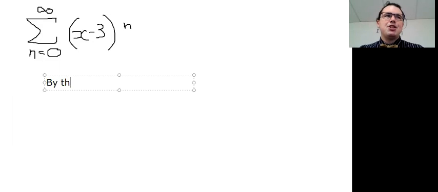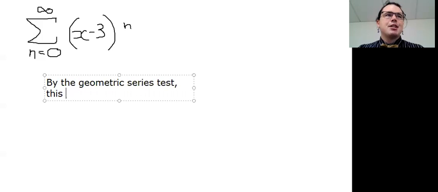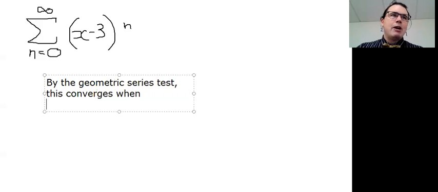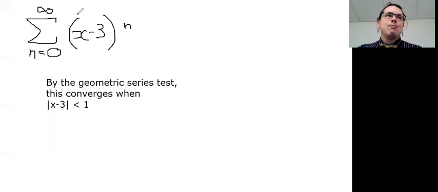So I can say by the geometric series test, this converges when, well, the absolute value of my r, my common ratio, needs to be strictly less than 1. So here is my r to the power n.